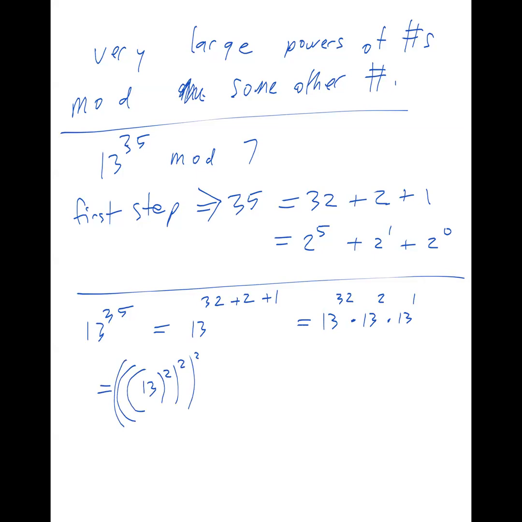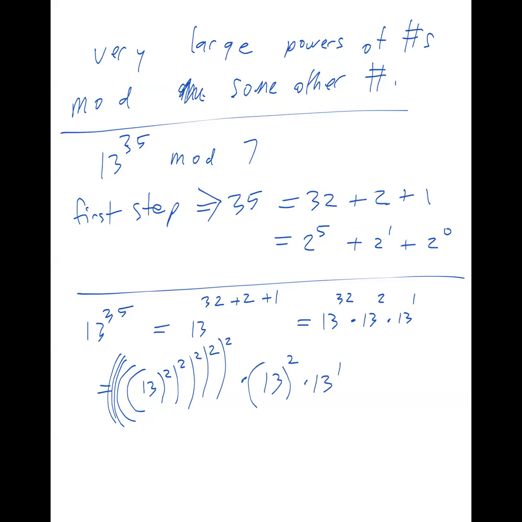That'd be 8. How many more of these do I need to add? 13 to the power of 32 is equal to 13 squared, squared, and so on: 2 times 2 is 4, times 2 is 8. There's going to be 5 of them, right? The 13 squared makes 4, squared makes 8, squared makes 16, squared makes 32, right? There's a reason for this, though, because we're expressing everything as a power of 2.